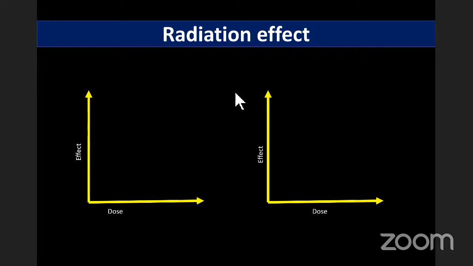Now, as I told you, what will happen whenever we are exposed to radiation? Come on, let's recall what I have told. What will happen to the body? One is cell death. Then what all tissues will be getting damaged?